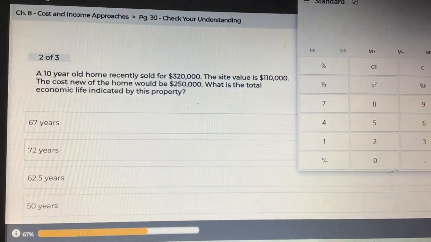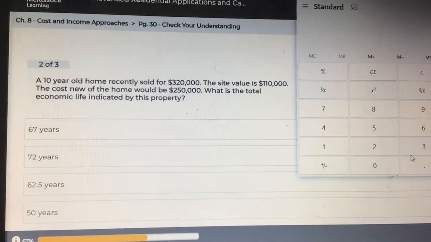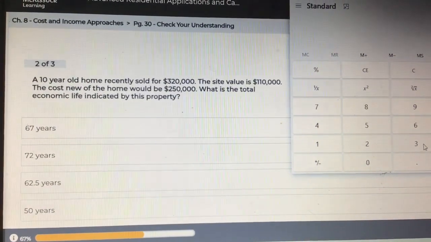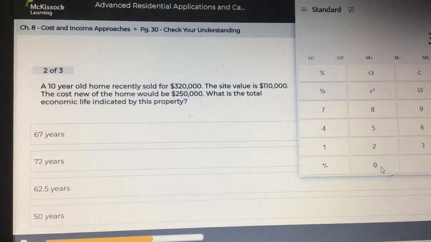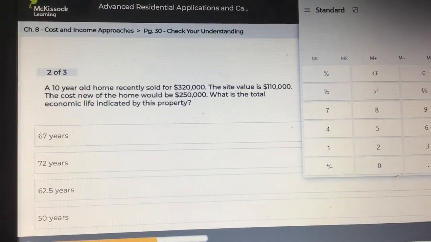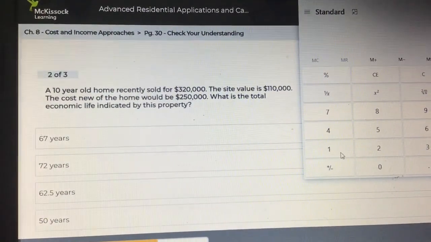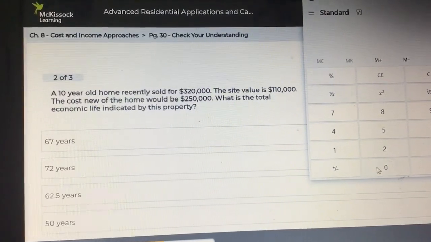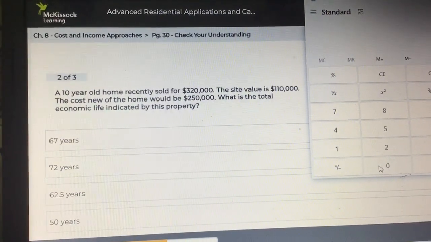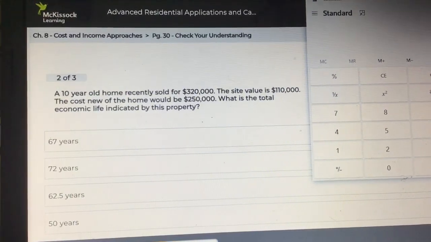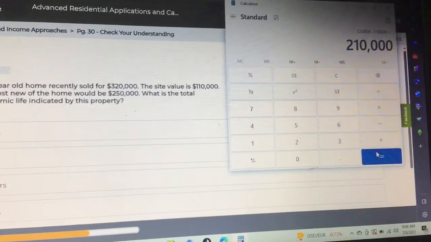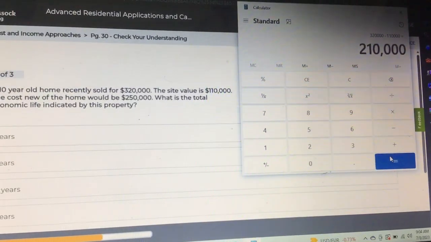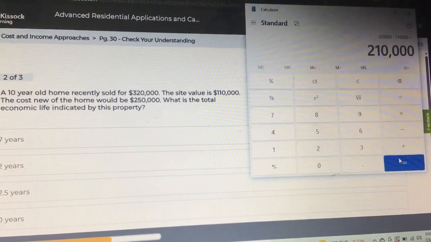The home sold for $320,000. You minus the site value, $110,000. That equals your depreciated cost of the improvements, $210,000 depreciated.